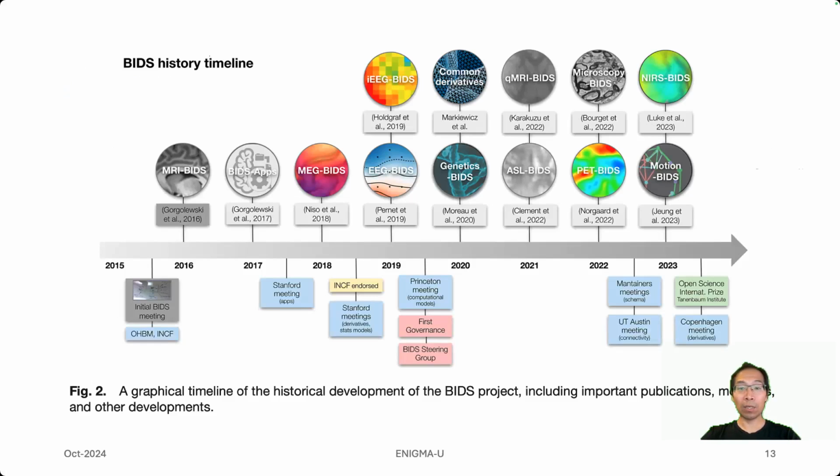Then it was extended to handle more modalities, including but not limited to MEG, EEG, and fNIRS. Third, the project is still ongoing, given that more neuroimaging modalities have been developed and more multimodal research has been conducted to better understand the brain and its functions and structural features.